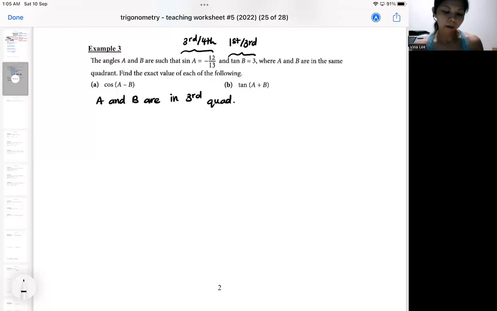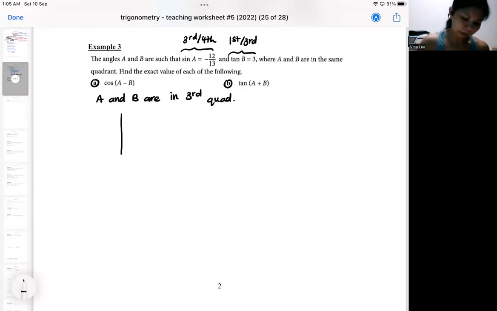Okay, and before you answer what is cosine A minus B, what is tangent A plus B, do out your triangle first. Do out your triangle in the third quadrant.